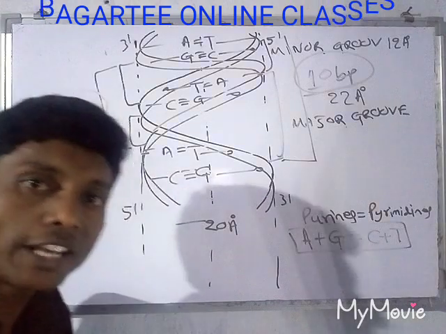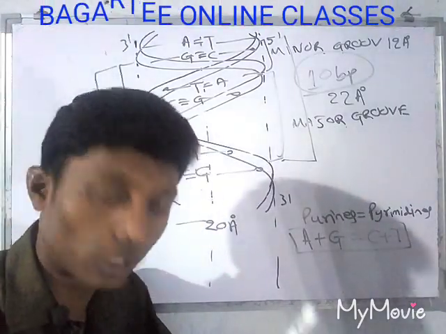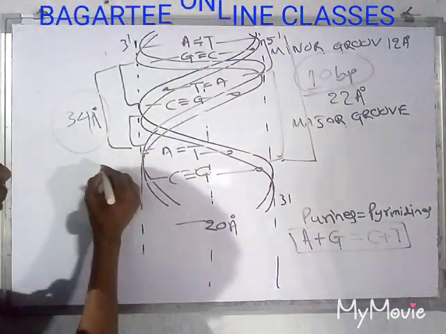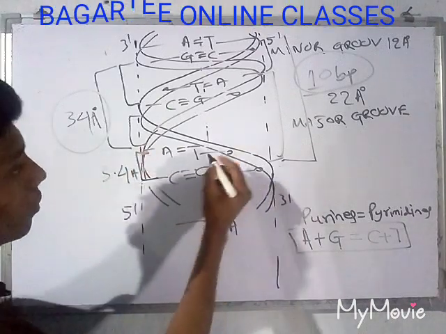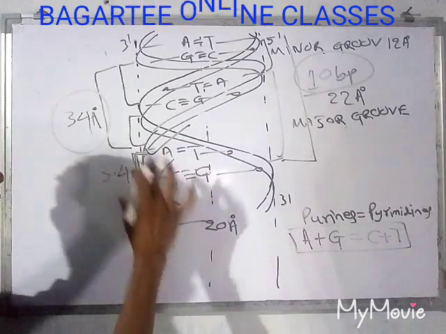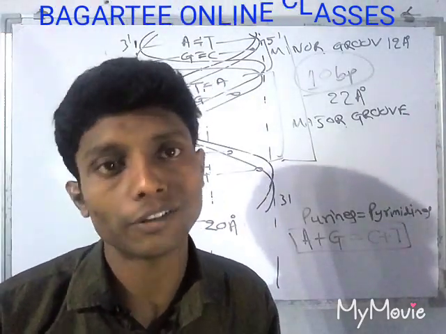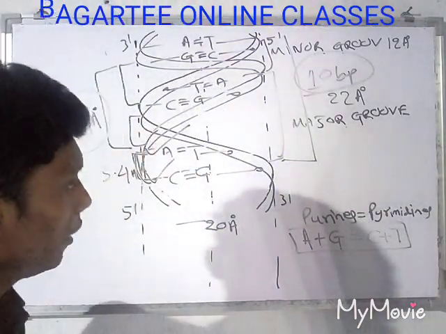So the distance between any two successive nucleotide base pairs is 3.4 angstrom. Clear? So this is the overall structure of the DNA.